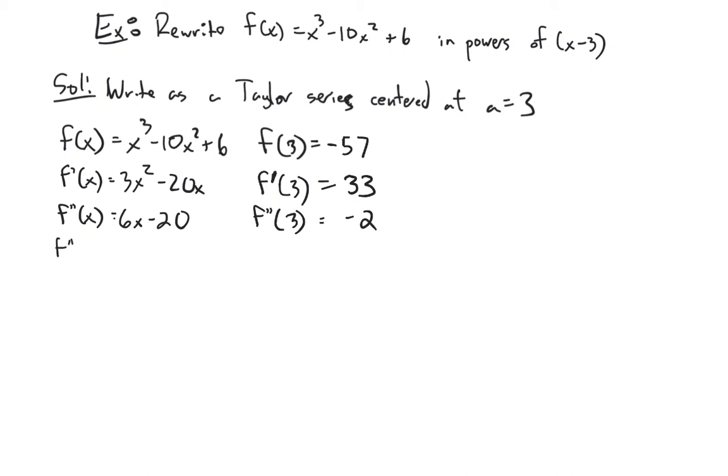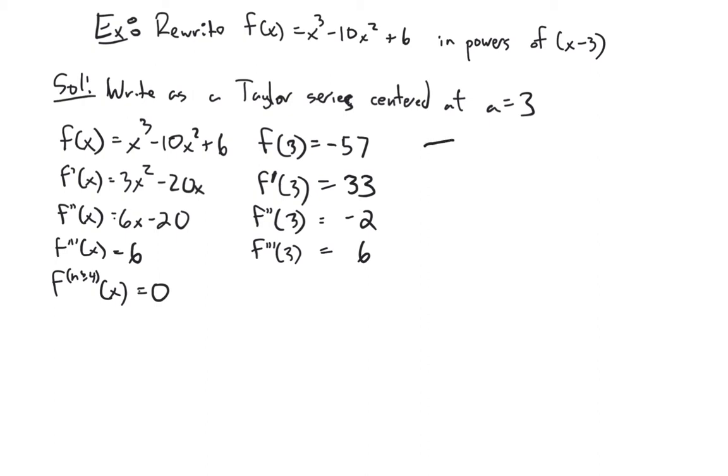And the third derivative at x is just going to be 6. So this is the constant function 6. So at any x value, you get 6. And the fourth derivative and any higher, so let's say, using some terrible notation, n greater than or equal to 4, the fourth derivative or higher at x is going to be 0. Okay, so that's great.